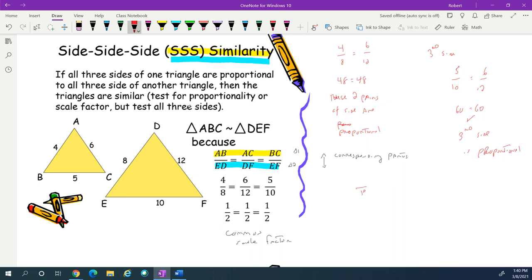So we must test all three sides, either for scale factor or set up two proportions to test it. Because we can only test two pairs of sides at a time, we have to test that third pair for SSS similarity.